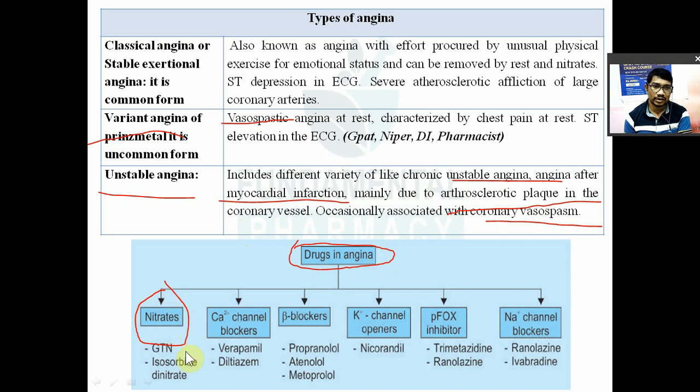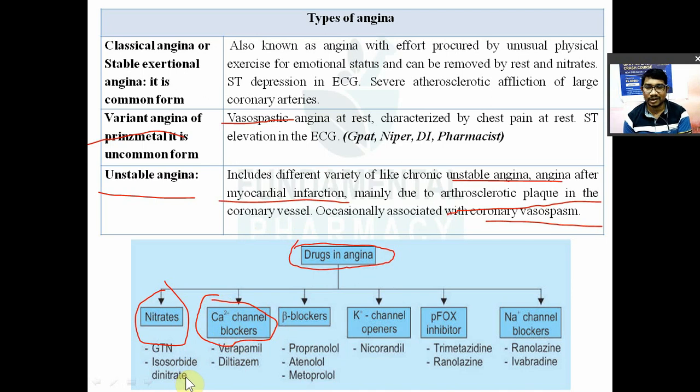So in that you have nitroglycerin GTN, then isosorbide dinitrate, and a lot of drugs are there. Okay. Then calcium channel blockers, they are also vasodilators. तो calcium channel blocker क्या है, vasodilators भी है, and again ये heart को भी कम करेंगे. They also decrease the workload on heart and also vasodilator.